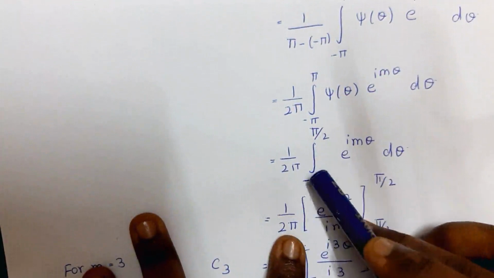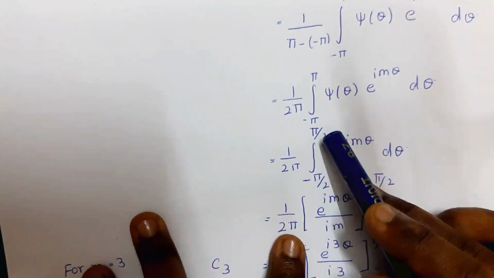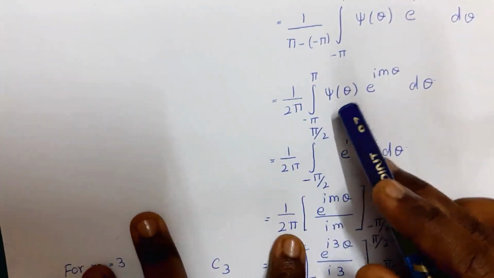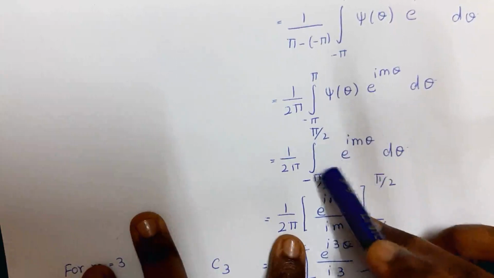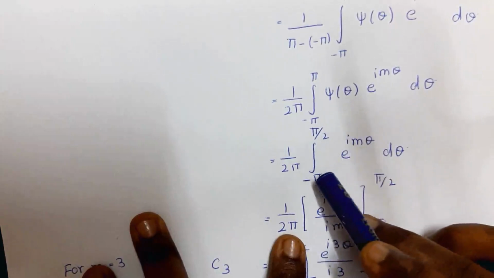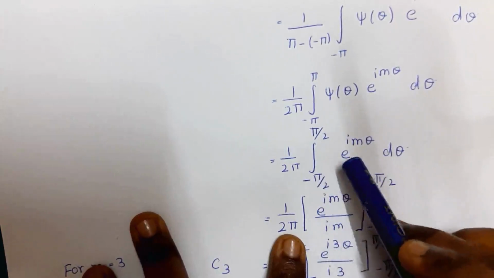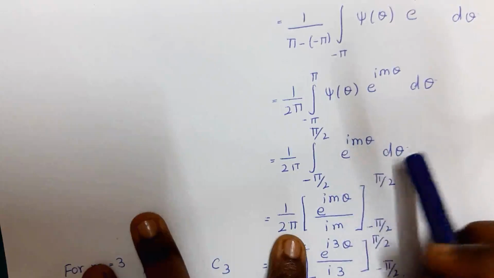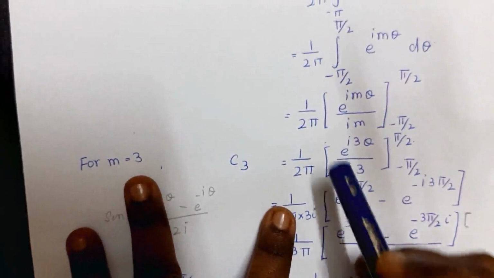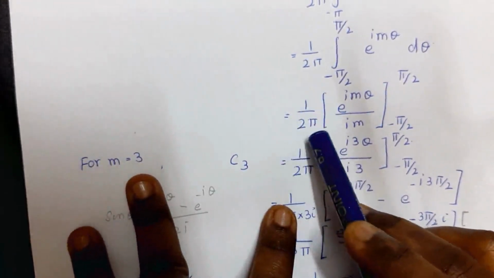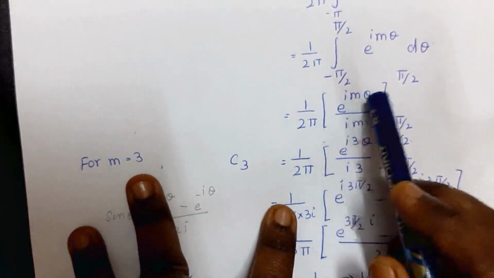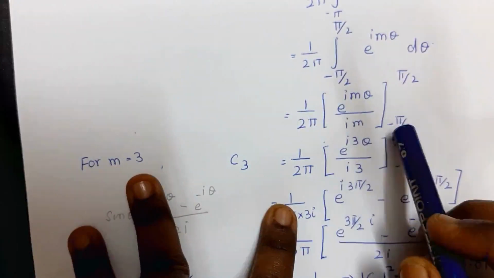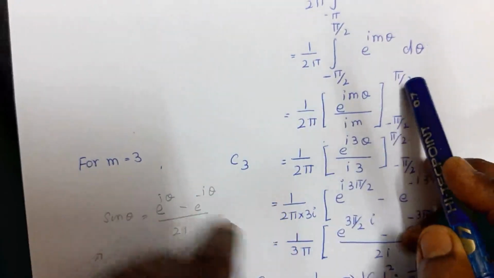So only in this interval minus pi by 2 to pi by 2 does psi of theta have a value of 1. So only in that interval we have to integrate the expression e power i m theta into d theta. Then by integrating it, we will be getting 1 divided by 2 pi into e power i m theta divided by i m, evaluated from minus pi by 2 to pi by 2.